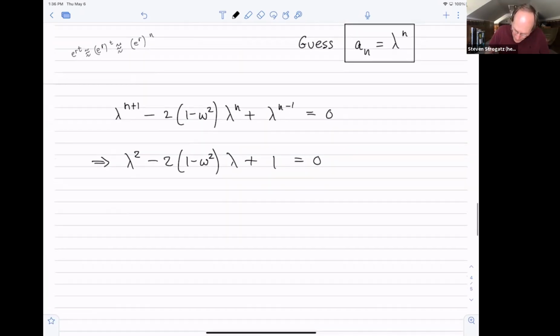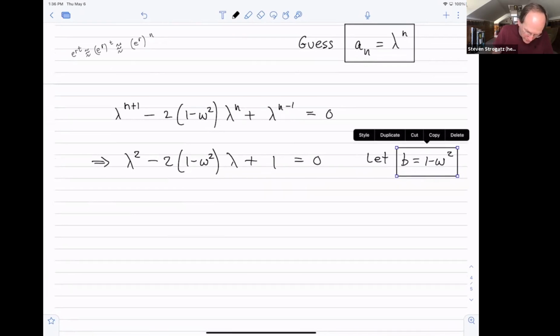Actually, it's convenient to introduce another letter. Let b equal 1 minus omega squared, so I don't have to drag around all those symbols. So this is lambda squared minus 2b lambda plus 1 equals 0.